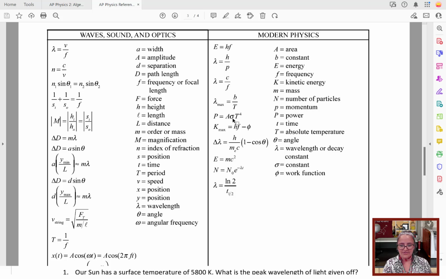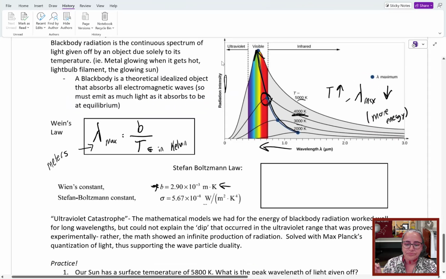And then we have theta, which is another constant, and the temperature to the fourth power. So power equals A theta times the temperature to the fourth power, where this theta is the Stefan-Boltzmann constant, also on your equation sheet.